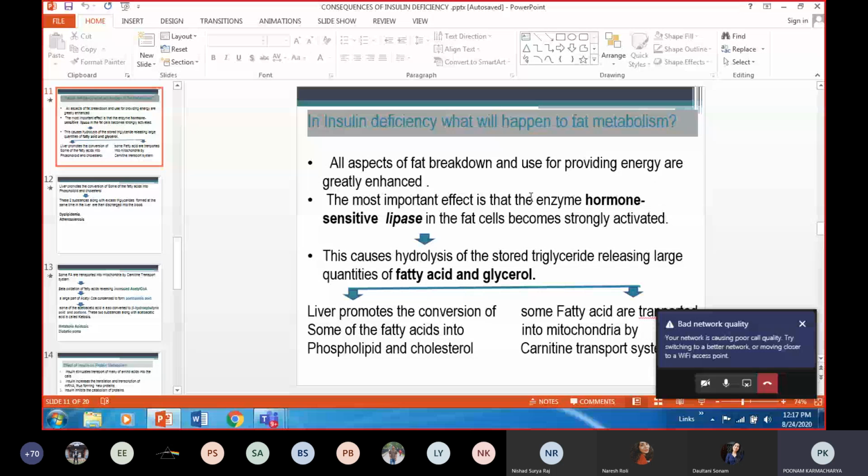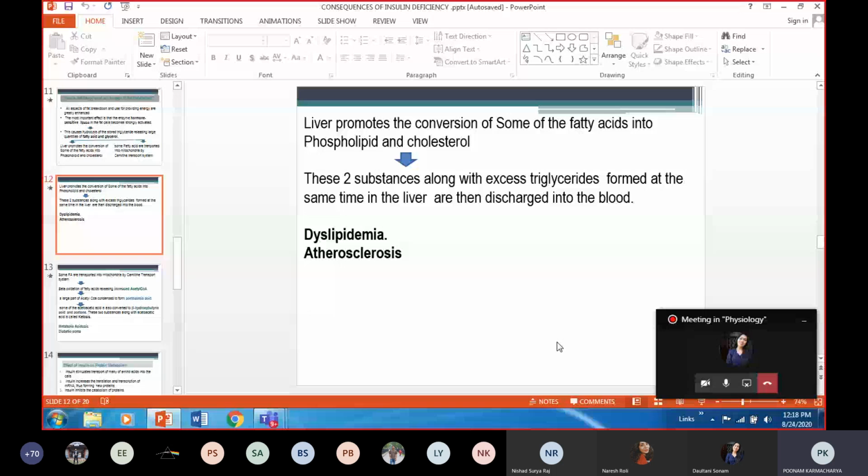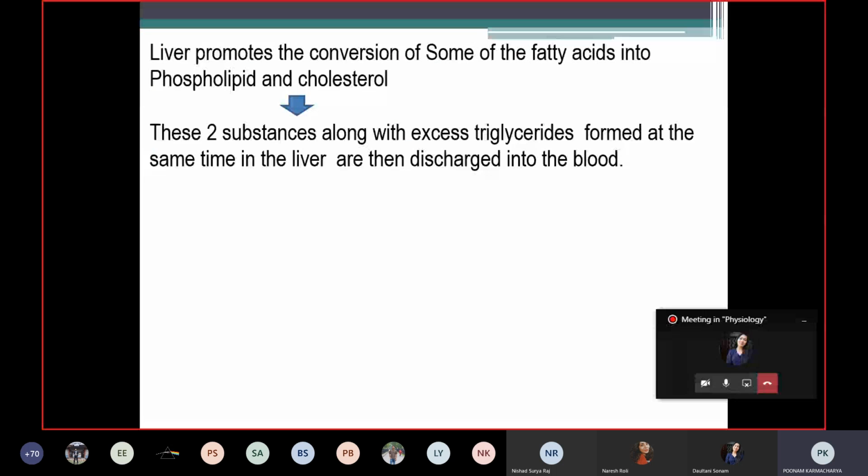This causes lipoprotein to be increased in the blood as much as 3 folds, and this condition is called dyslipidemia. It is characterized by hypertriglyceridemia, where there is large triglyceride-rich very low density lipoprotein, right?